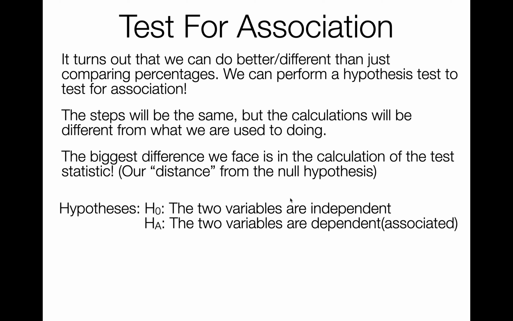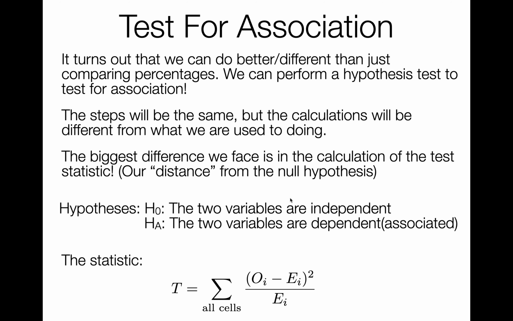And coincidentally, you will write these hypotheses in exactly this way for every test for association of categorical variables. So there's no choice on how to write them. These are free points. Just write them like this right here in this slide.